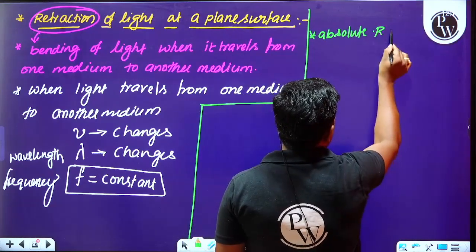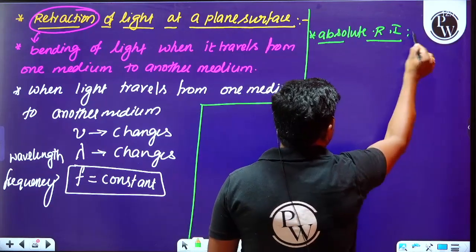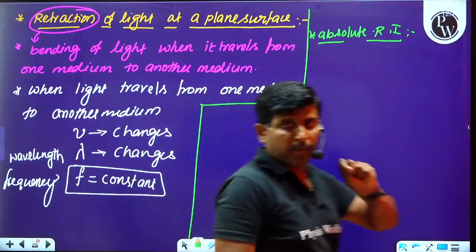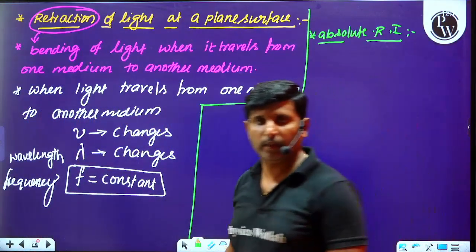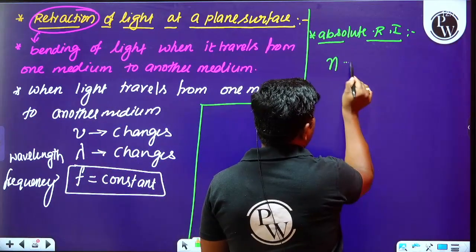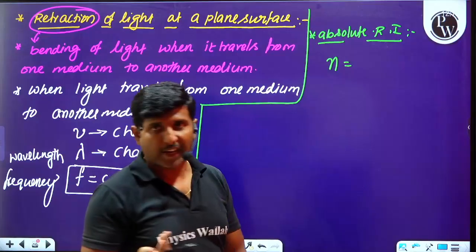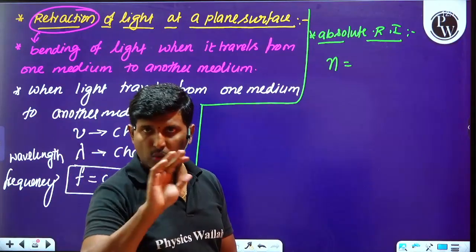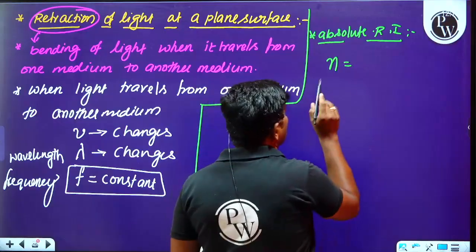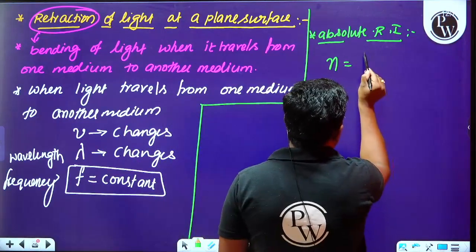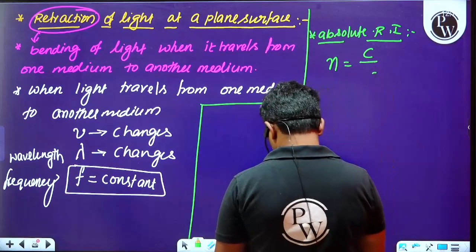Refractive index is nothing but the ability of a medium to bend the light. Absolute refractive index is usually represented by n, or in some standard books it is also represented as mu. No need to worry about this symbol, but we have to understand its meaning. Refractive index n is equal to c divided by v.